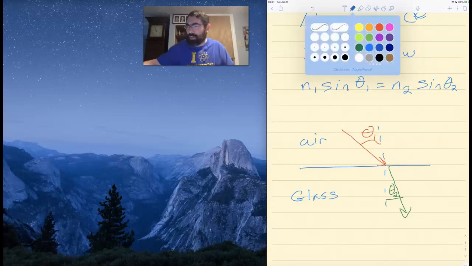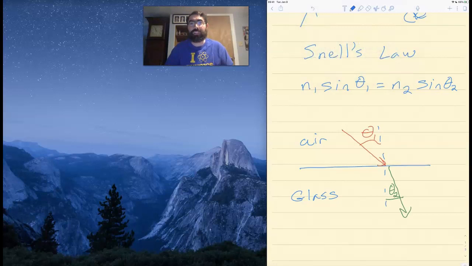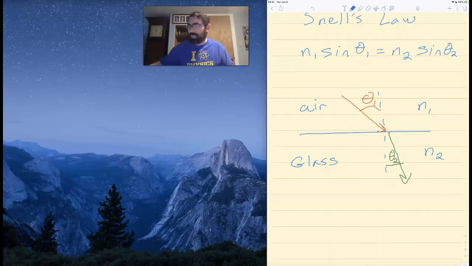And with that equation, I can then calculate exactly where the ray of light is going to be going in the glass. But it also takes into account these things I've called the index of refraction. So air has an index of refraction, which I'll call N1, and glass has an index of refraction, which I'll call N2. And these indices of refraction actually describe the behavior of light inside that material.